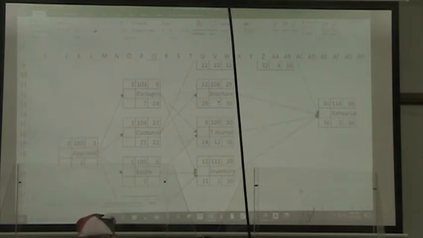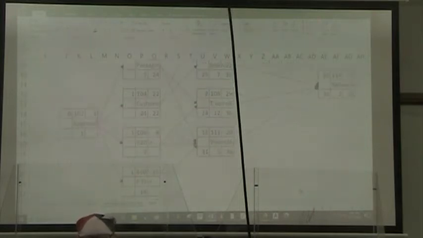All right, come down here, designing the bottle equals the minimum of the late start for the trade journal and the late start for inventory, right parenthesis.